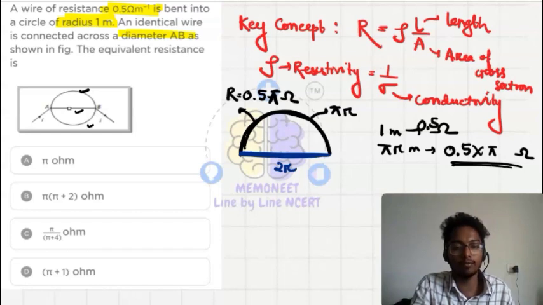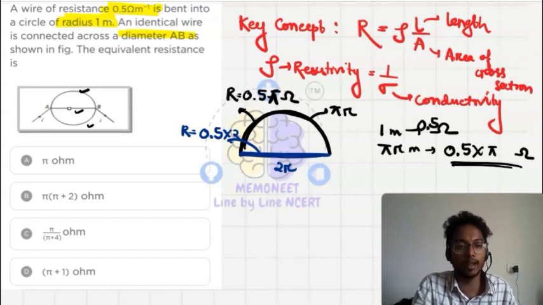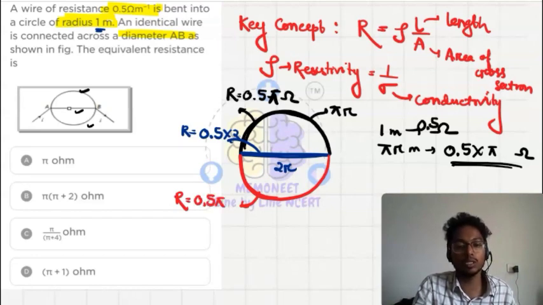So we have the resistance as 0.5 into 2, since r is given as 1 meter. Then for the lower wire, the length is also pi r, so the resistance is 0.5 pi.